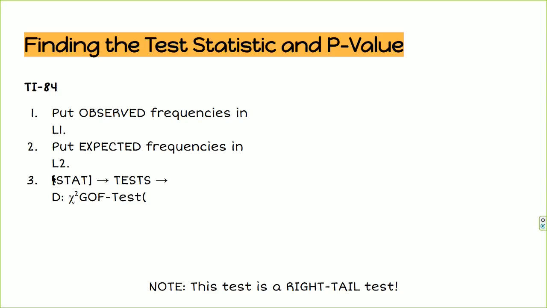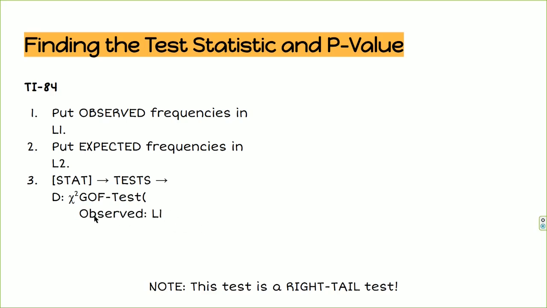Once the data's in list, you press Stat, you go to the test menu, and you're going to go all the way down to option D, which should say chi-squared GOF test. There are 2 tests. One's just going to say chi-squared test. You want chi-squared GOF. We are doing a goodness of fit test.